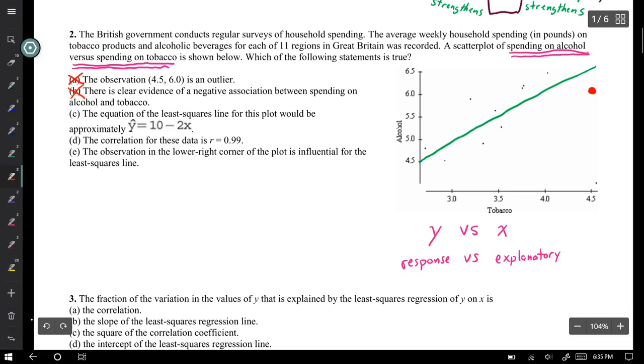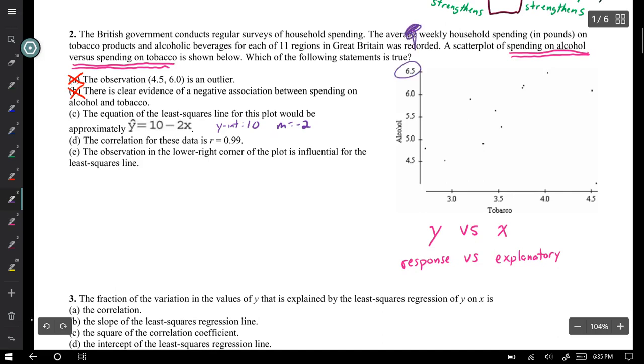And so now C: the equation for the least squares line would be approximately your predicted value, y hat, is 10 minus 2x. So let's break this down. Our y-intercept is 10, and the slope is negative 2. Now I could analyze both of these. My y-intercept of 10 wouldn't even be on this graph.